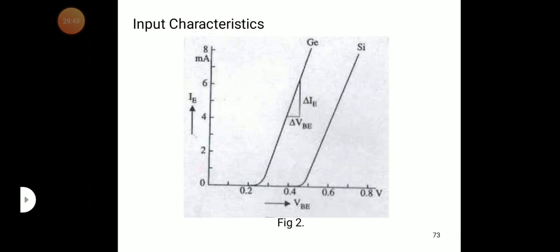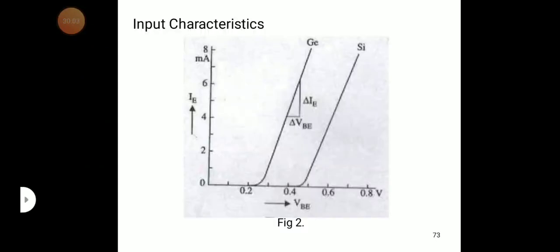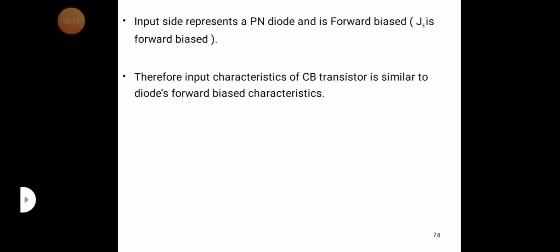Now we try to understand the static resistance. The input side represents a PN diode and is forward biased, that is, the emitter junction is forward biased.